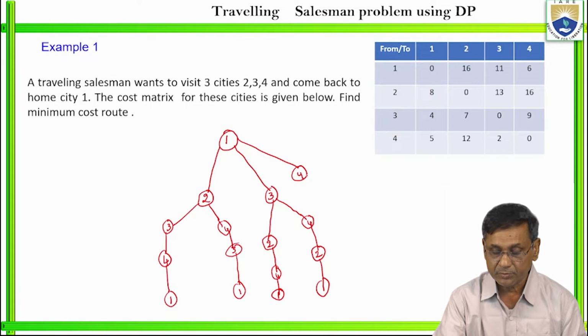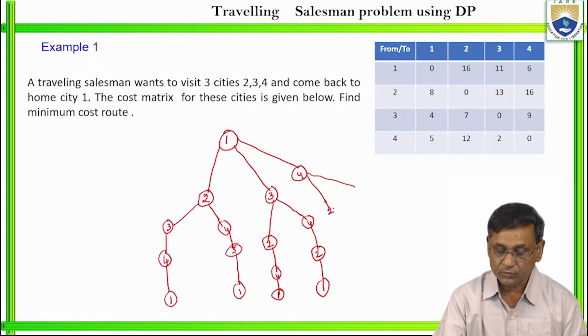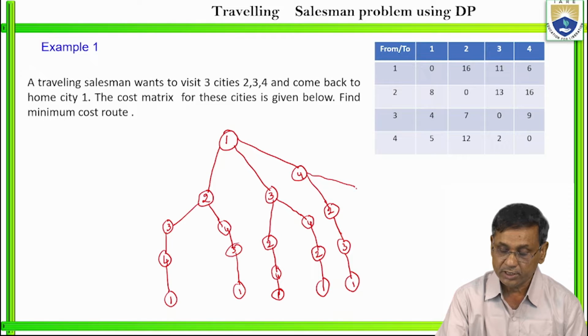Similarly, from 4 he can go 4 to 2, 2 to 3, 3 to 1. From here he can go 4 to 3, 3 to 2 and 2 to 1.